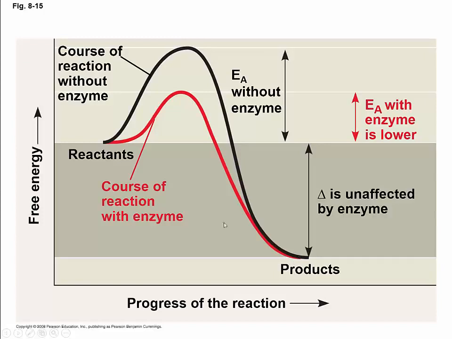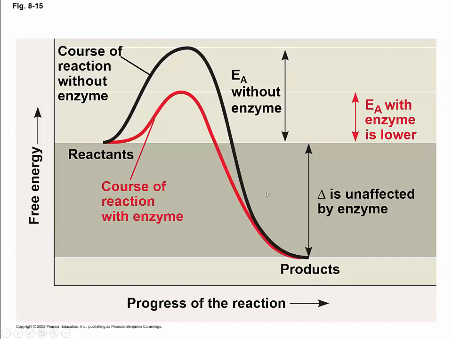With our enzyme is shown in red. And you can see they're showing us, in this example, it's about half as much. So our reactants are starting off with the same level of energy. We have to add this much energy, which, hey, that might be doable, to get our reaction going. And then our reaction will proceed and we get our products. So the enzyme doesn't change what reactants are involved, nor does it change what products are involved.